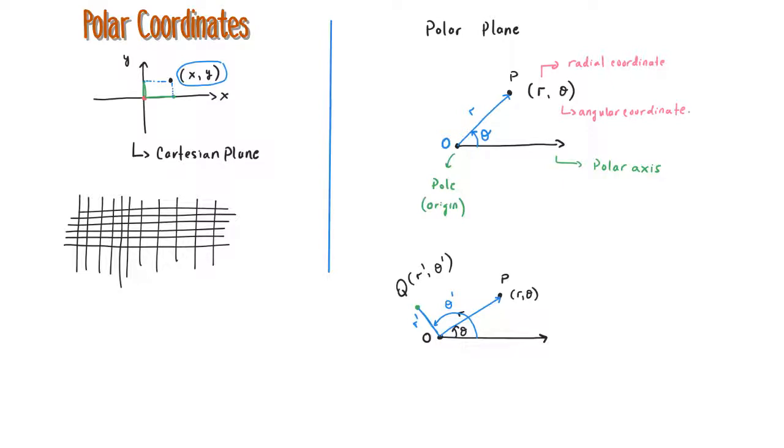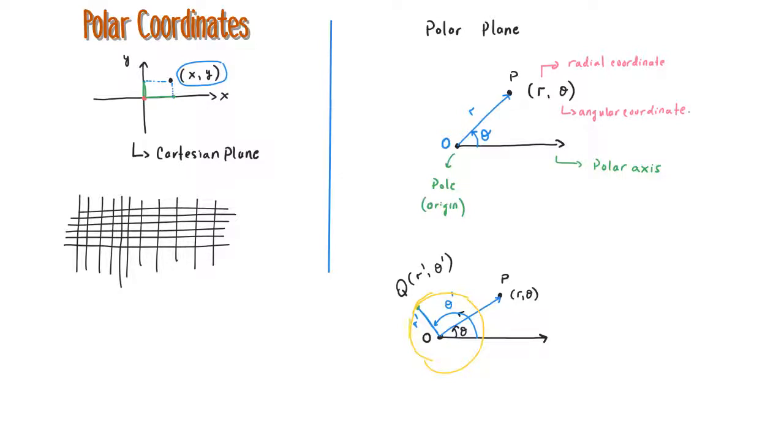Let's say all the points that are R prime away from the pole, all of those points are going to fall in this circle whose radius is R prime. I don't know if you can imagine that.